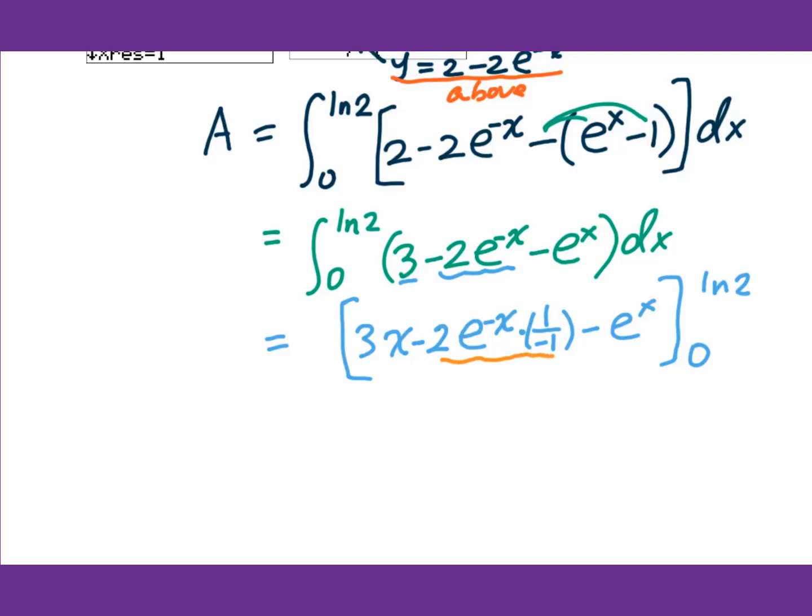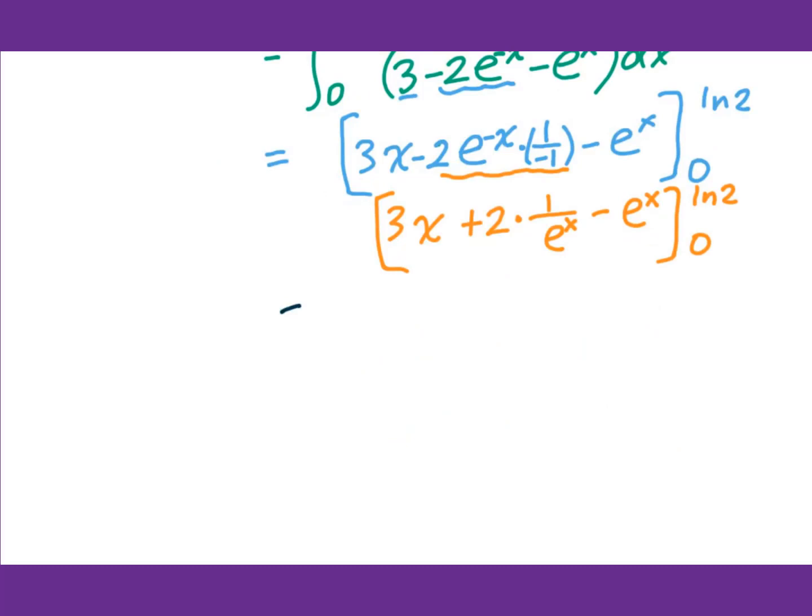Let's simplify this. You will get 3x plus 2 times 1 over e to the x power, then minus e to the x power from 0 to natural log of 2. Now we will plug in natural log of 2 first.